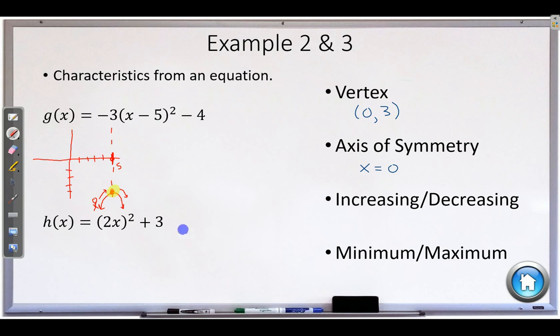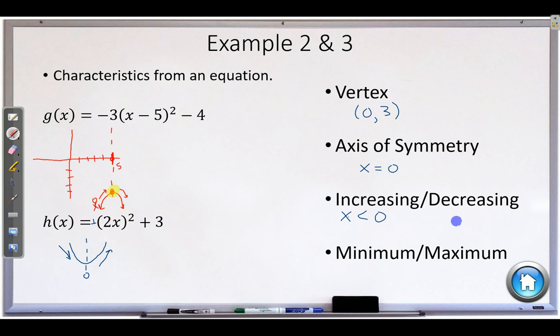Increasing and decreasing. Well, let's see. This parabola is facing up. So it will be decreasing first and then increasing. Now, where does it change? Right at the axis of symmetry, which is at 0. So we are increasing x over here where numbers are smaller than 0, so less than 0.